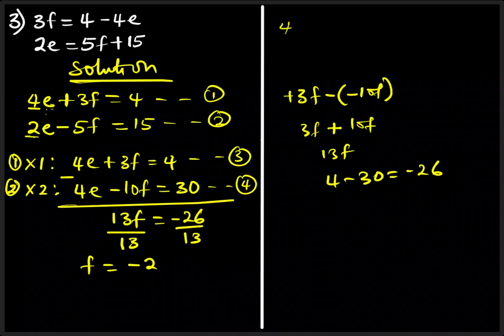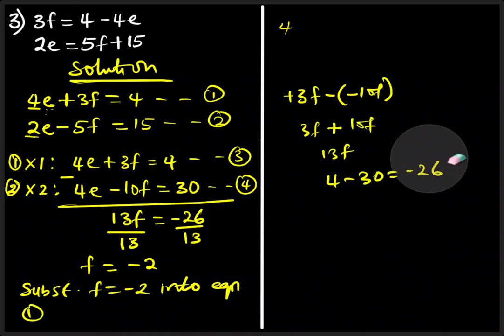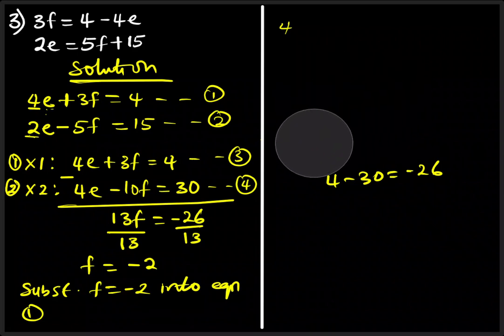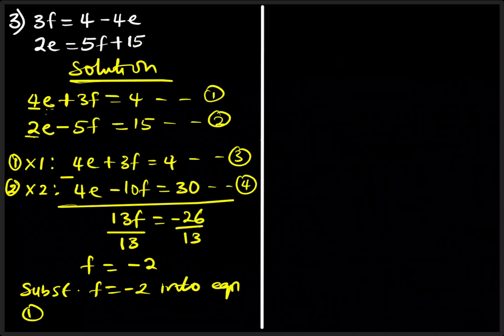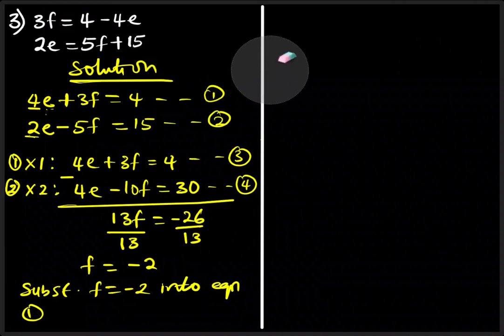So from there we make some substitution. We substitute f equal to minus 2 into an equation. Which equation? We can pick equation 1. Let's substitute that and see what we get.